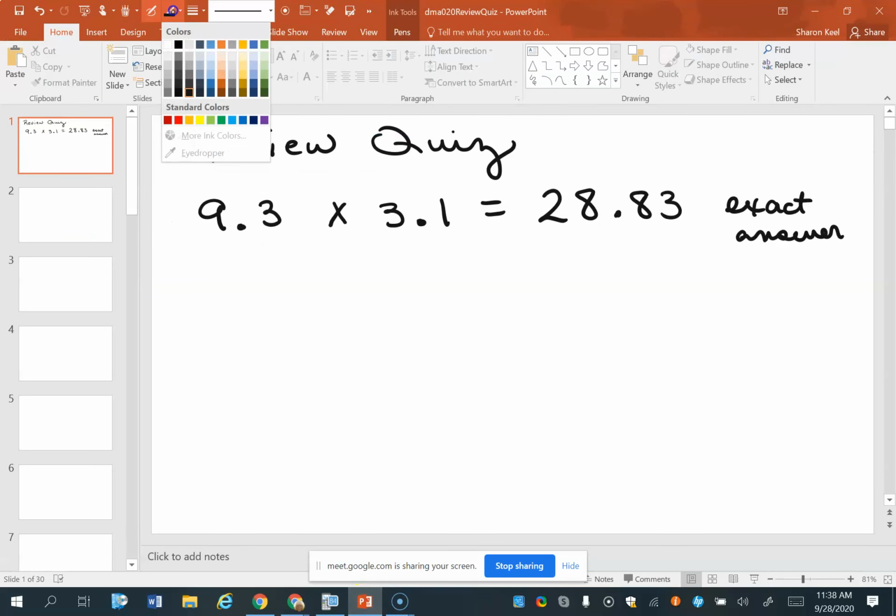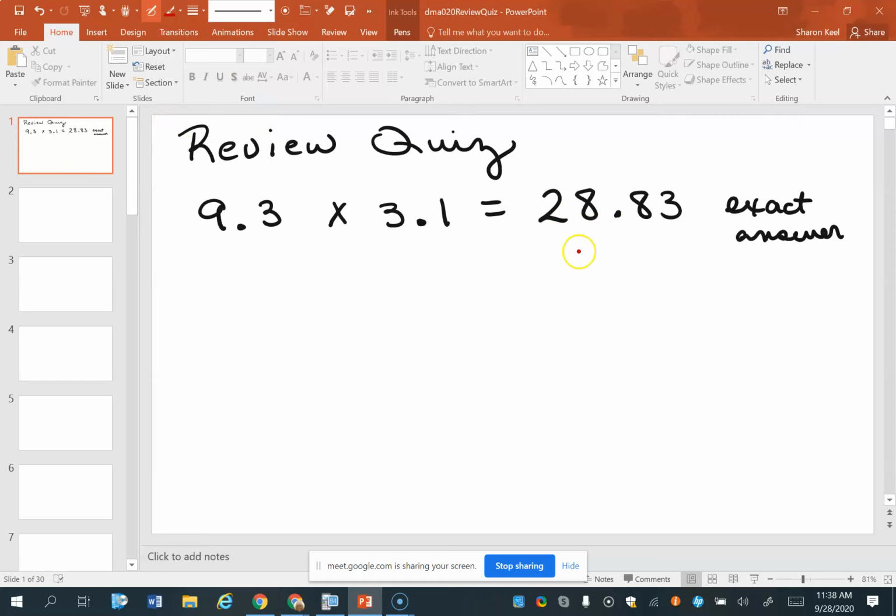The common mistake made here is that oftentimes people will round the final answer. That is not what the question is asking. It says to round numbers. It does not say round the answer. The two numbers we were multiplying are our factors. 9 3/10 would round to 9. 3/10 would round to 3.